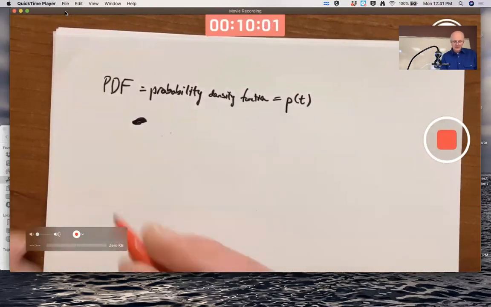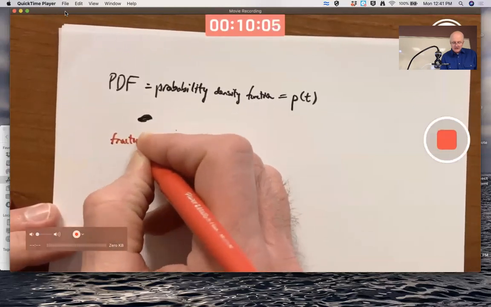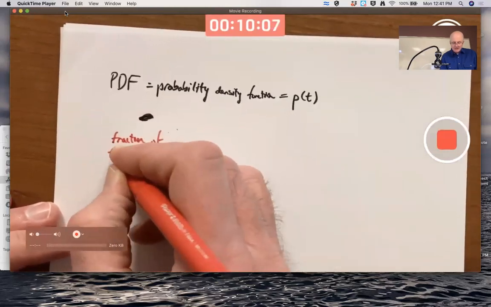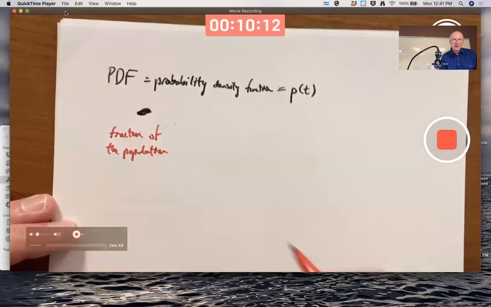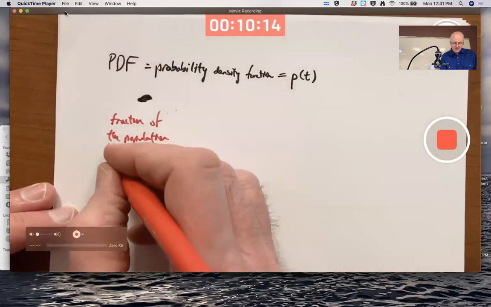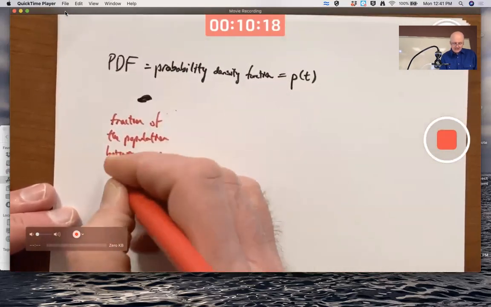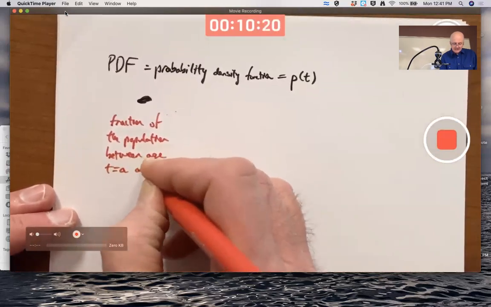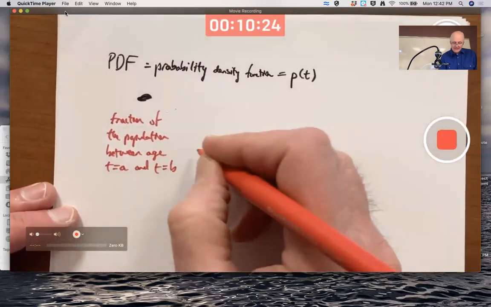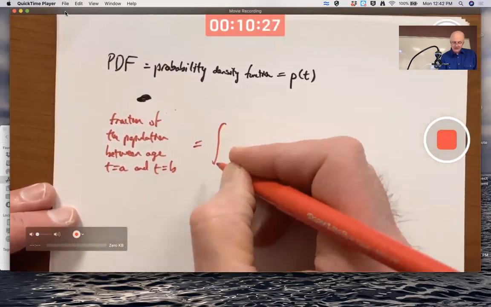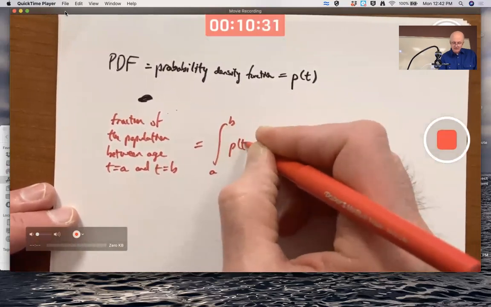You can think of it, first of all, in the simpler way as the fraction of the population between age t equals a and t equals b as being given by the integral from a to b of this PDF, little p of t.